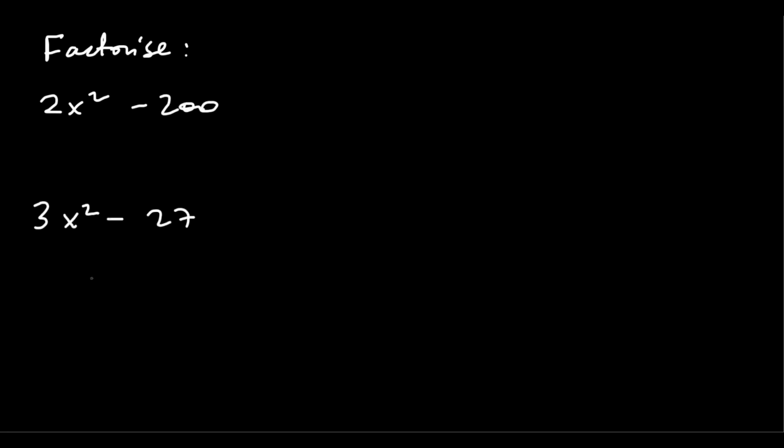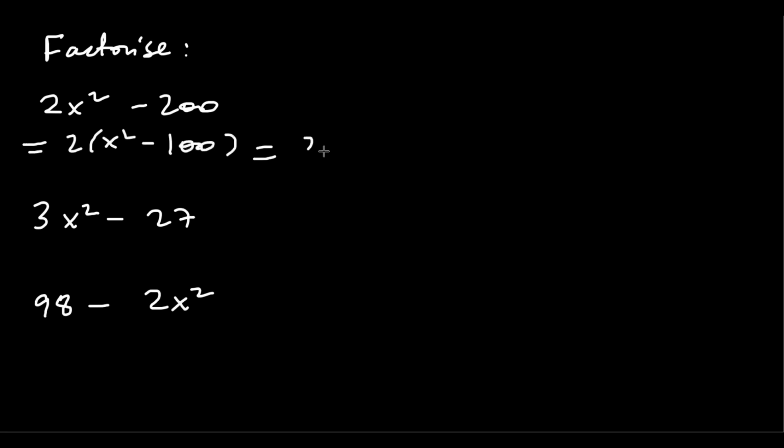Okay, let's try a few more examples. So factorize 2x squared minus 200, and then 3x squared minus 27, and then 98 minus 2x squared. So the first one becomes 2 times x squared minus 100, and that becomes 2 times x minus 10, x plus 10.